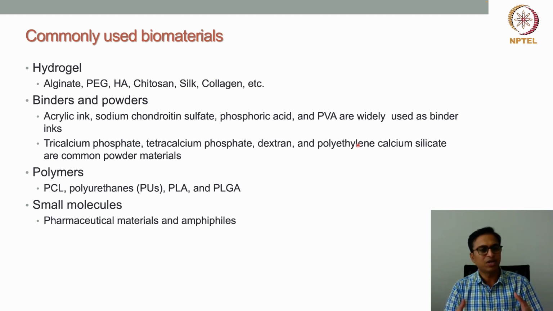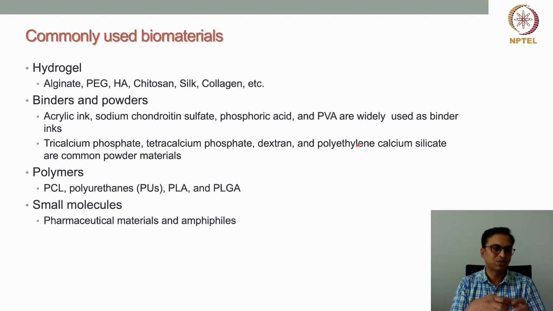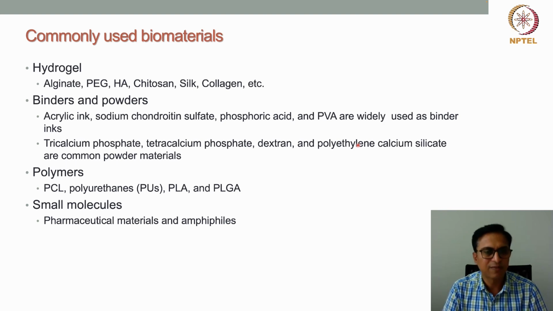Upon heating, these powders will get fused with each other, and the unbound powder after inkjet printing, we can easily remove because it is loosely attached. And the bound structure, built by these binders, can be heated up, and then we can get the final product.